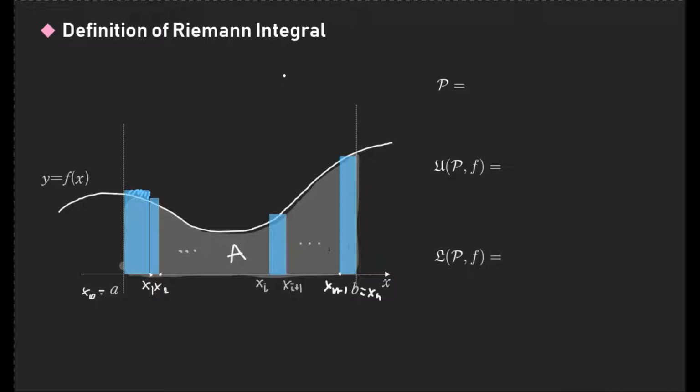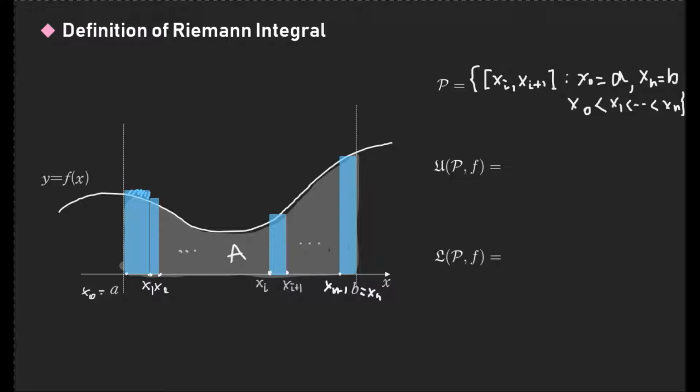We can define the partition depending on the rectangles' lengths. Here a is x0 and b is xn, so we have x0, x1, up to xn. Then this is the partition.